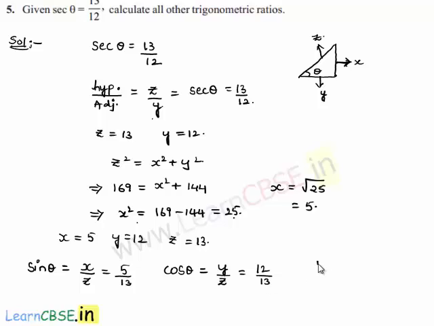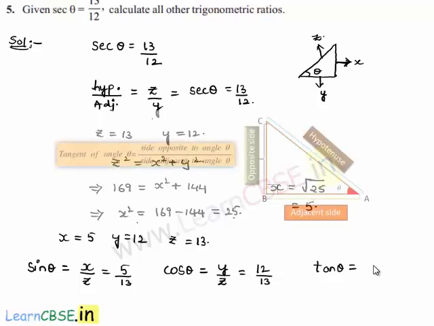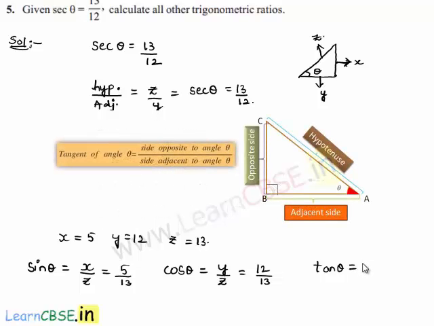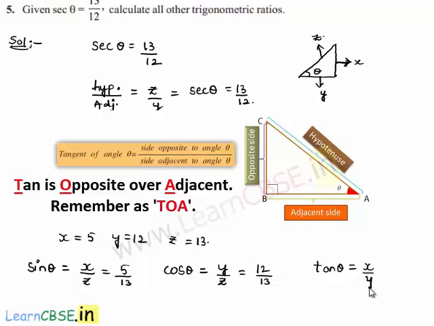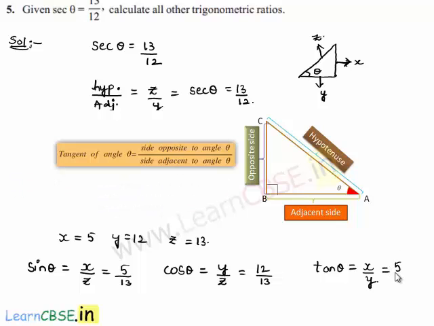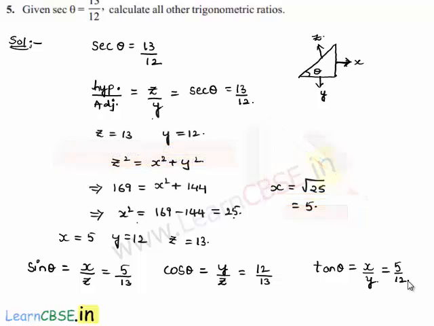And let us also find the tan theta value. We know that tan of an angle is equal to its opposite side by adjacent side. Here the opposite side is x and the adjacent side is y, which is equal to x is 5 and y is 12.